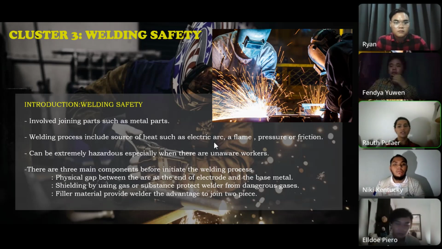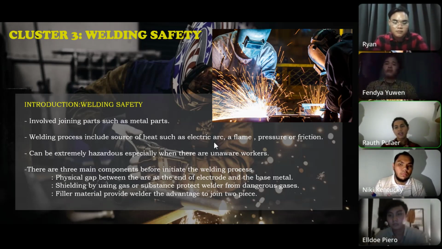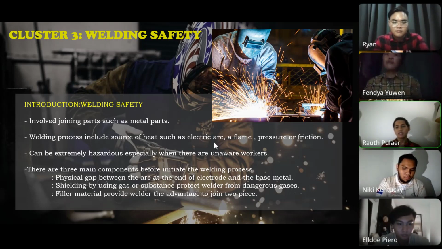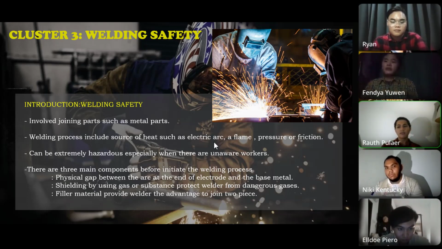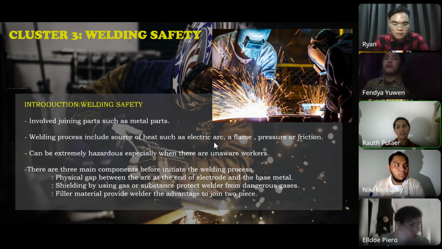Welding can be very hazardous if a worker is unaware of its dangerous nature, because workers leaning on the metals beside the welding by welders can suffer severe injury or even death.